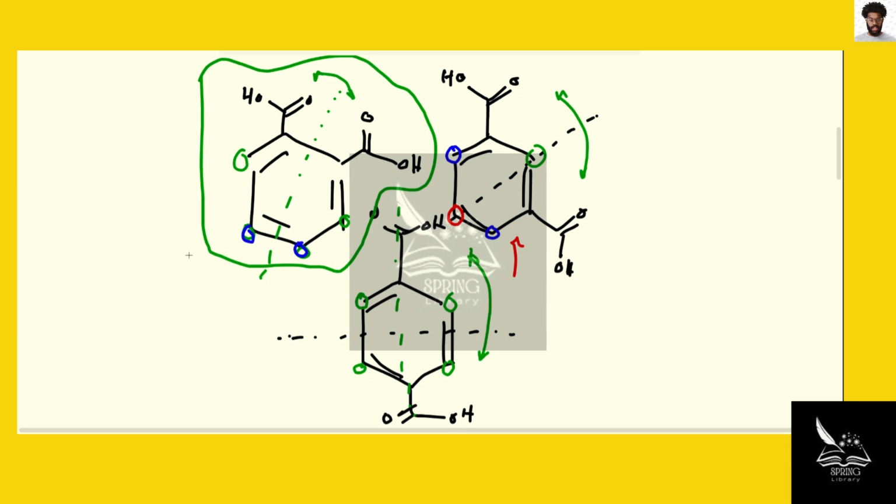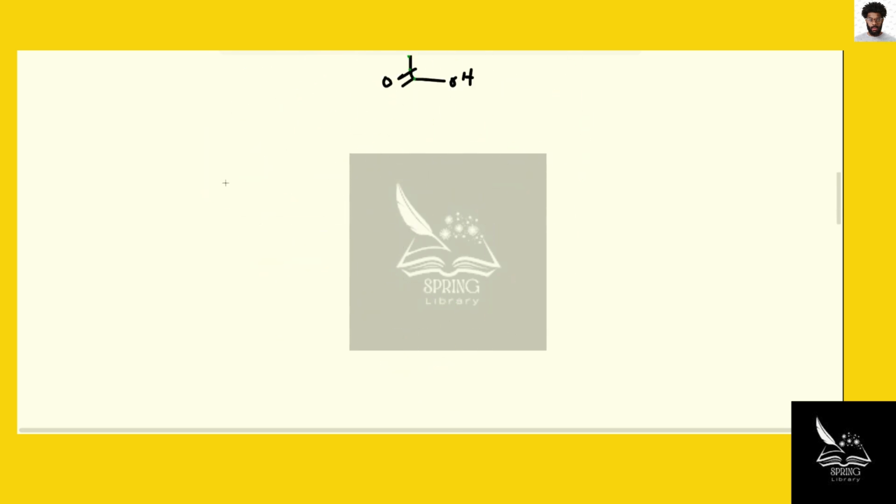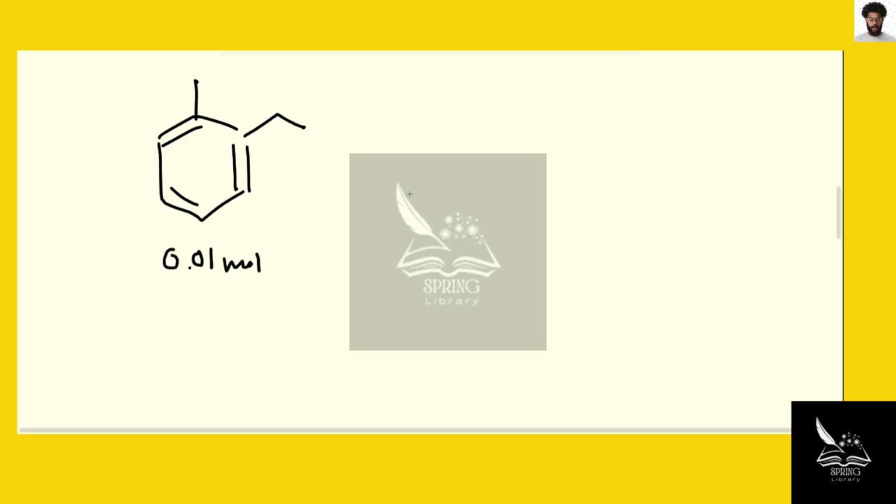So this was kind of deducing how I knew that this was the product, but now let's see exactly what they're talking about. Basically, what they're saying is we had this product, and we had 0.01 moles of it. We took it and reacted it with KMnO4, and that gave us this carboxylic acid.